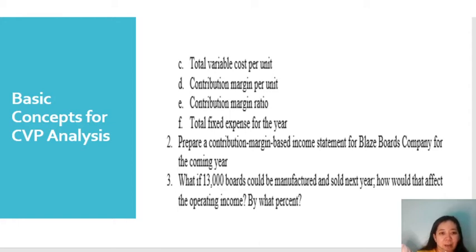And for the second requirement, you're going to prepare a contribution margin based income statement for the company for the coming year. And number three, what if 13,000 instead of 10,000 boards could be manufactured and sold next year? How would that affect the operating income and by how much?